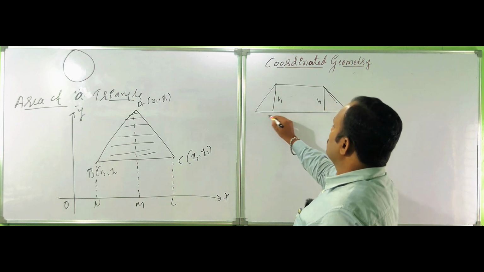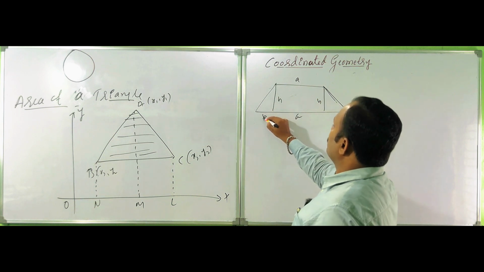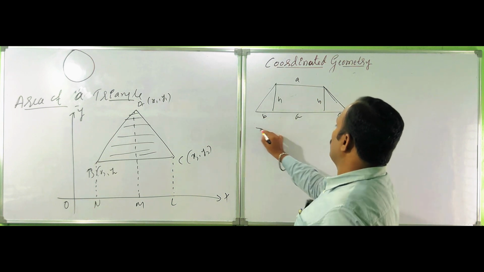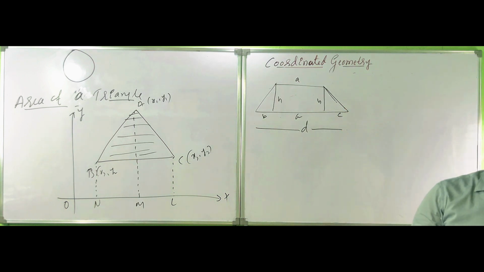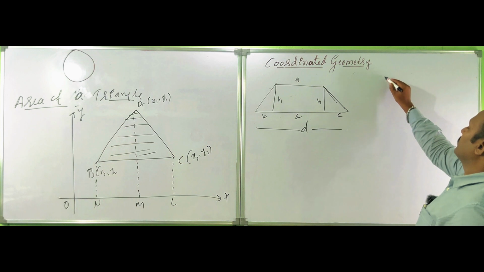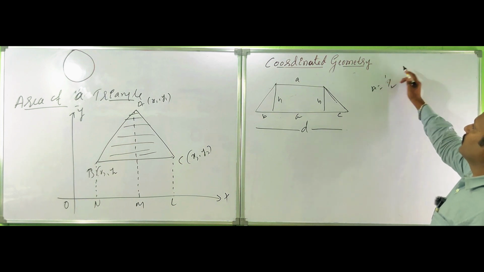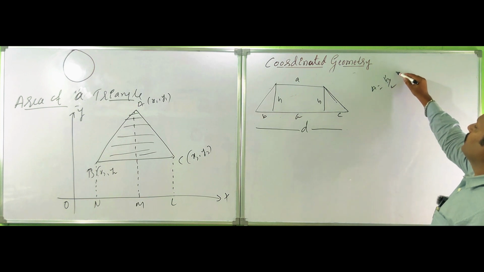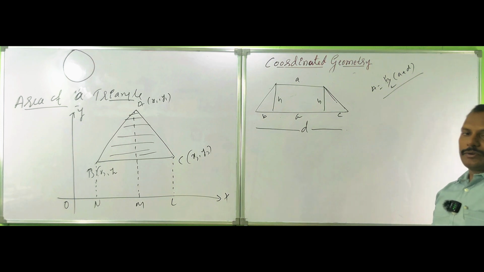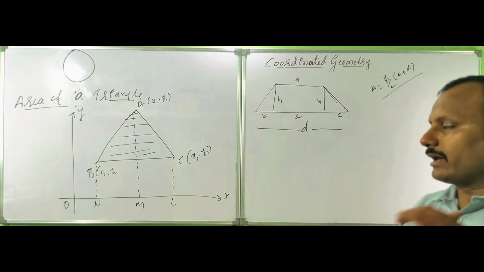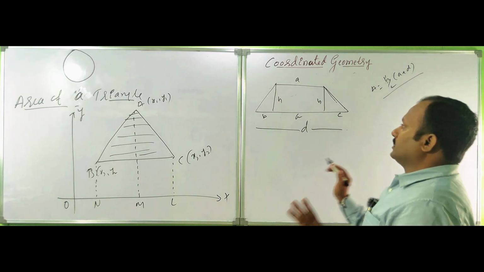This length is A, this also becomes A, this becomes B, and this becomes C. The whole length becomes D. The ready-made formula you already know: 1 by 2 into height into sum of the parallel lines. This is the derivation.